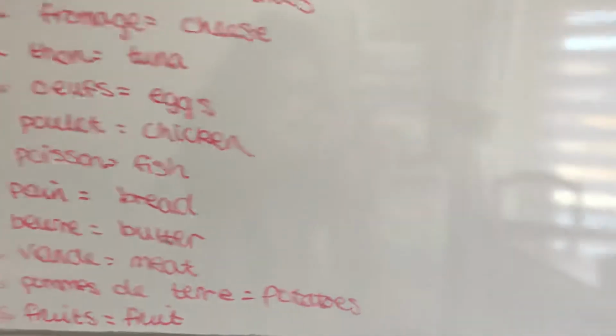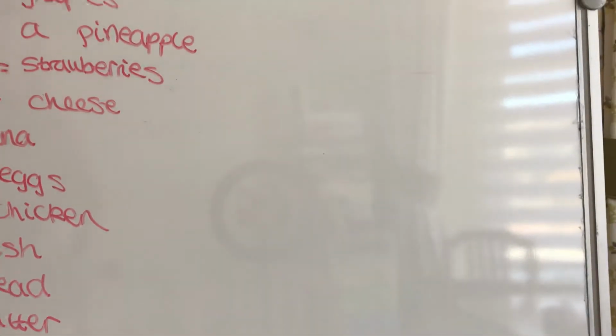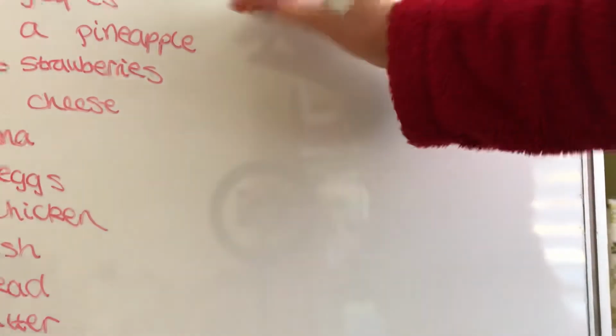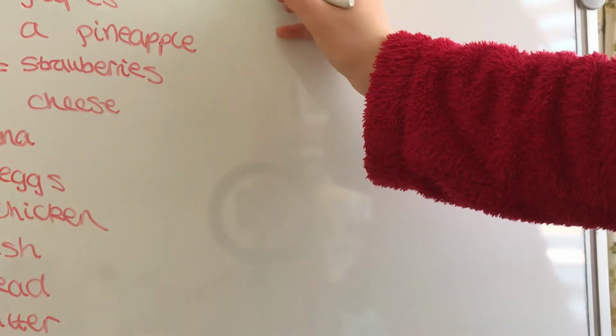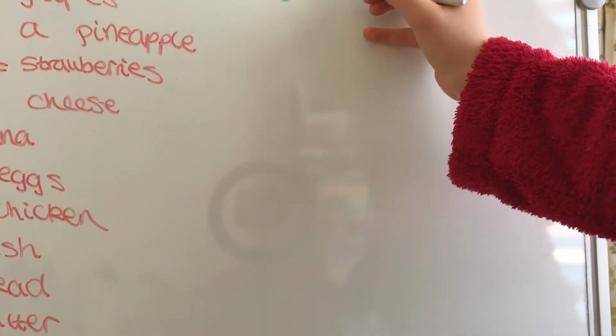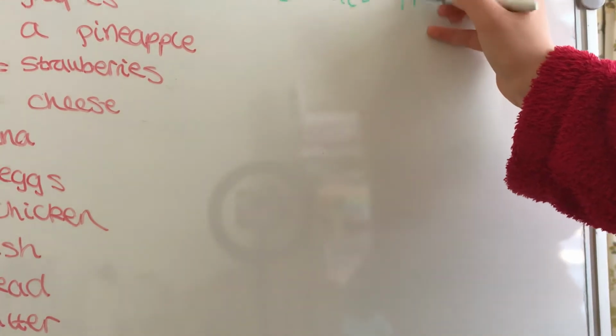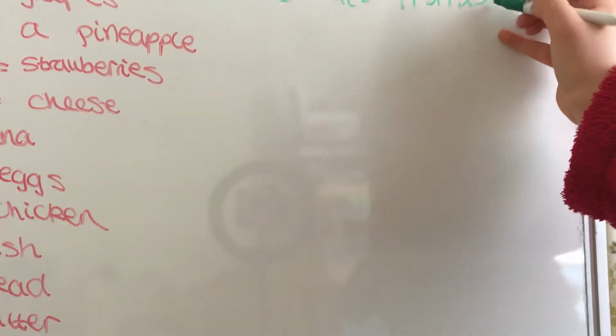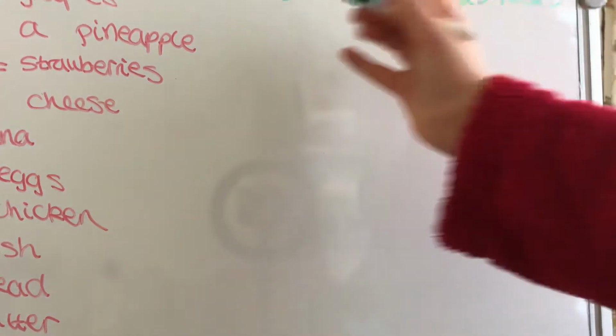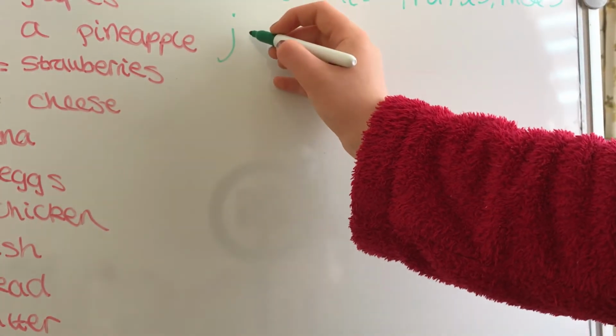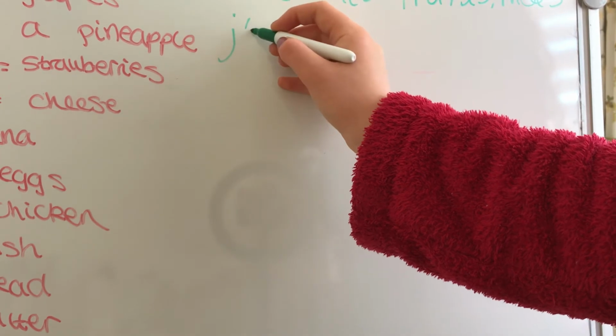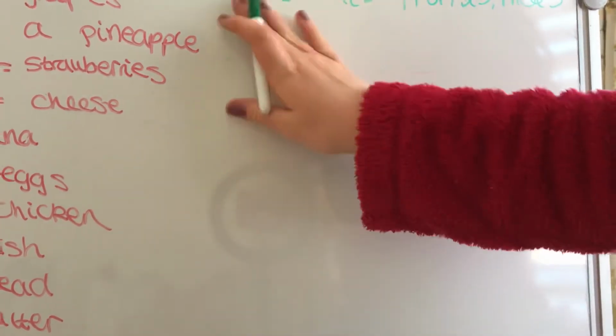So now what I'm going to do is I'm going to move the camera over there. And I'm just going to go over with you guys how you can say what you like and don't like. So I could say j'aime des fraises, mais, oh sorry, I'm going to change that actually.